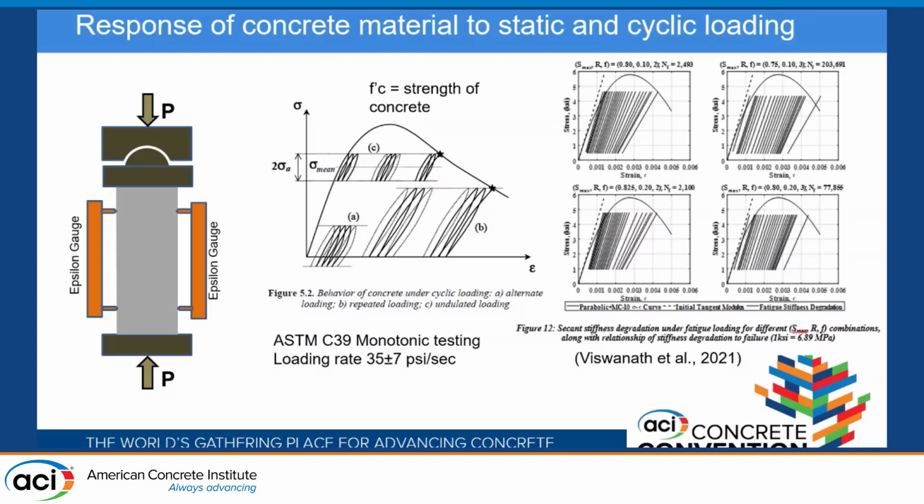The curve shows the monotonic response of the concrete to the static standard loading with a loading rate of 35 psi per second. In fatigue loading, we are doing constant amplitude testing with a minimum and maximum stress, which is a ratio of the strength of concrete. You will see some results here that show the stiffness degradation through the process and up to the failure.